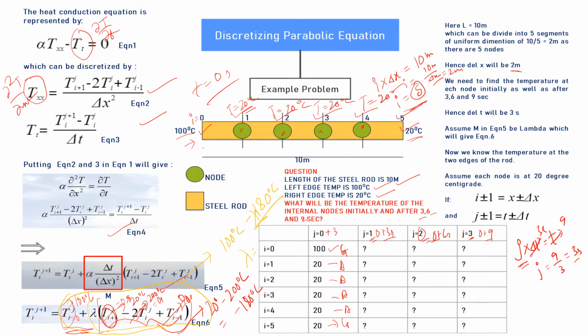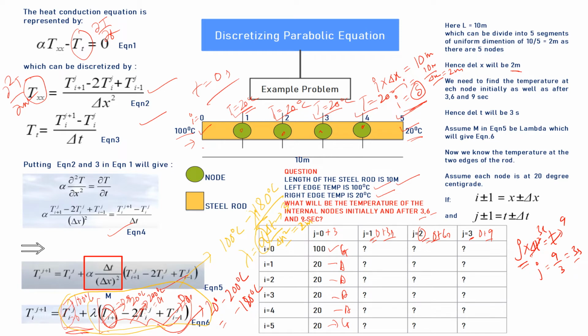Lambda is equal to, I have already discussed about this, alpha del t by del x square. Now I know what del t is. Del t is our 3 seconds. Del x is our 2 meters. So the only thing unknown is alpha.